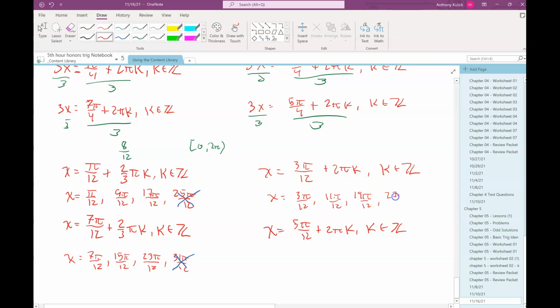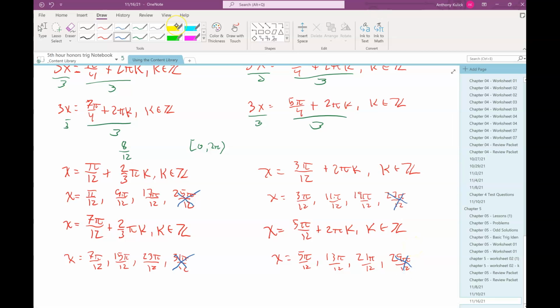And then 27 pi over 12, that's too big. So 5 pi over 12. 13 pi over 12, 21 pi over 12. I acknowledge I can reduce that. I'm just not going to do it right now. And then 29 pi over 12. Oh no, that's too big.